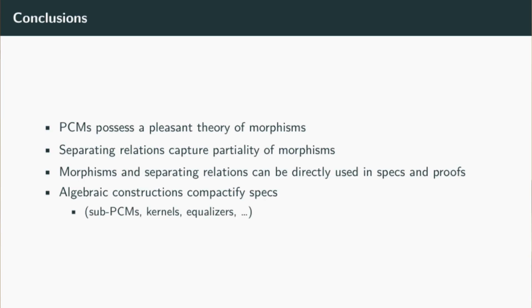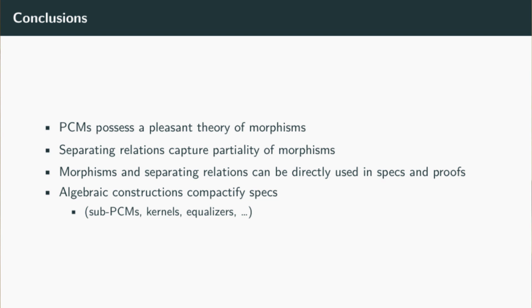And finally, what is this paper about? Partial commutative monoids are the key algebraic structure for modeling ownership transfer. We show that PCMs possess a pleasant theory of morphisms, which extends standard algebraic approach to concurrent separation logics.